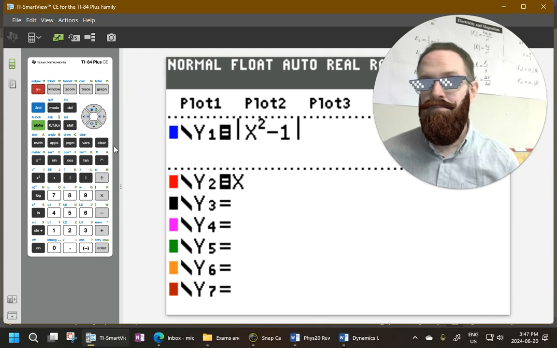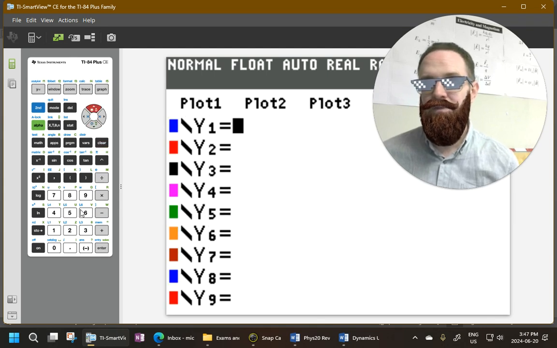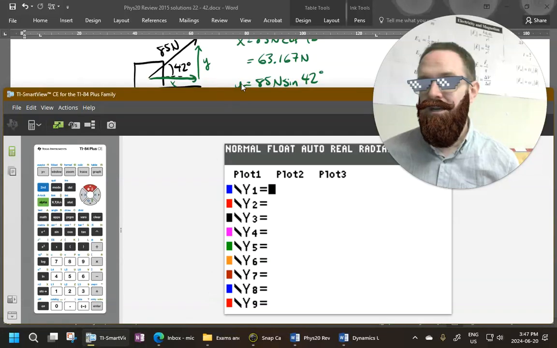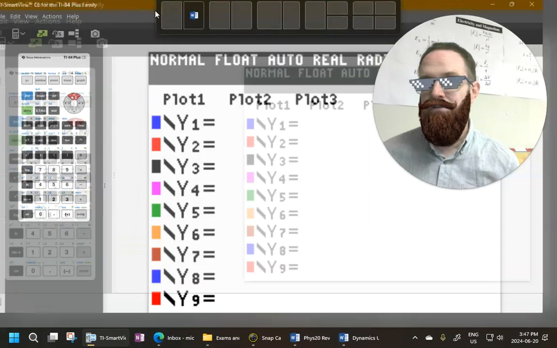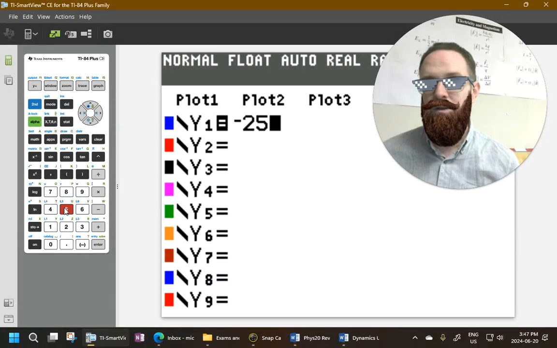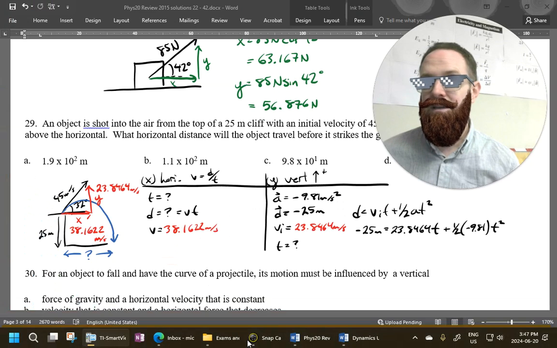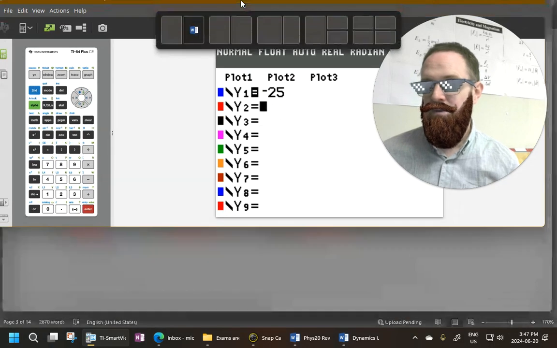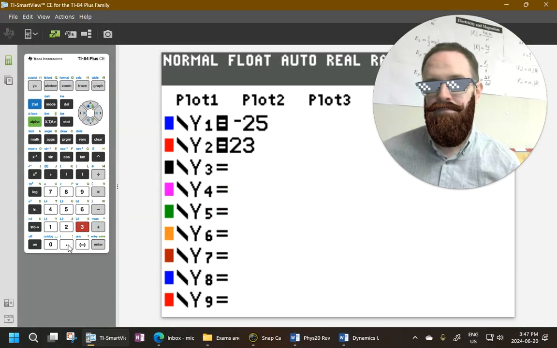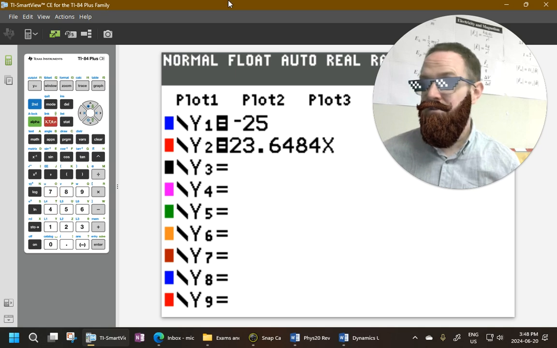So my Y is equal to, got to get rid of some stuff that's there before. I'm going to graph the two sides of my equation. For the first side, I got the negative 25, so I'm going to graph negative 25. And the other side I'm going to graph is this 23.8464t. But I can't use t, so I could use x's.